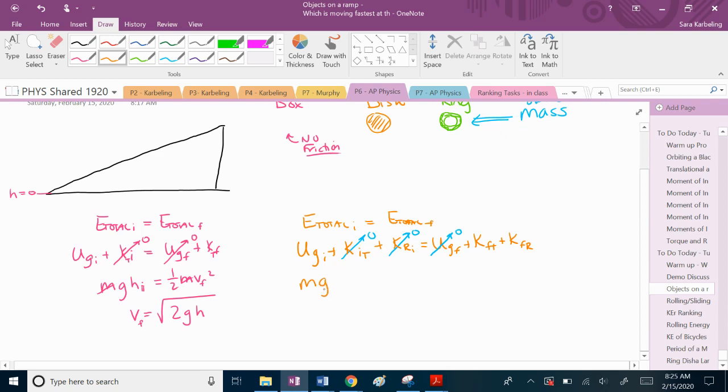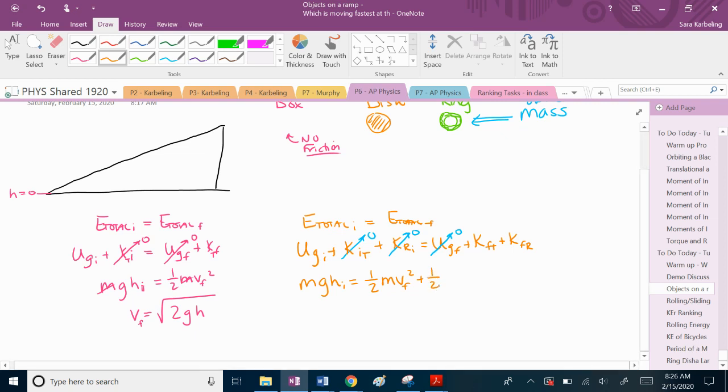This is mgh at the beginning is equal to, now this is where it gets a little bit interesting, right? We've got both translational and rotational kinetic energy at the bottom. So the translational is just 1/2 mv squared, just like it always is. But now we also have kinetic energy that is tied up in rotation.